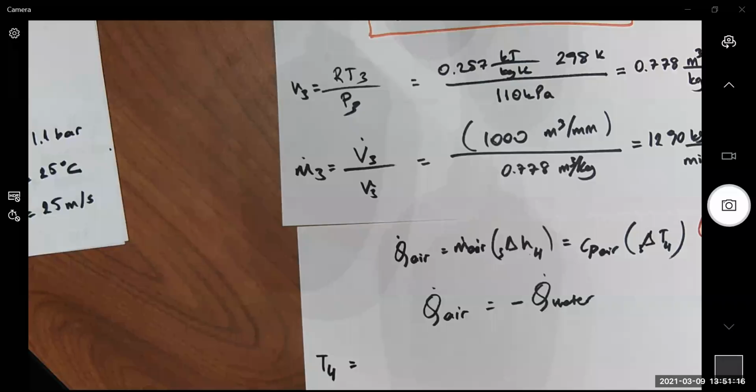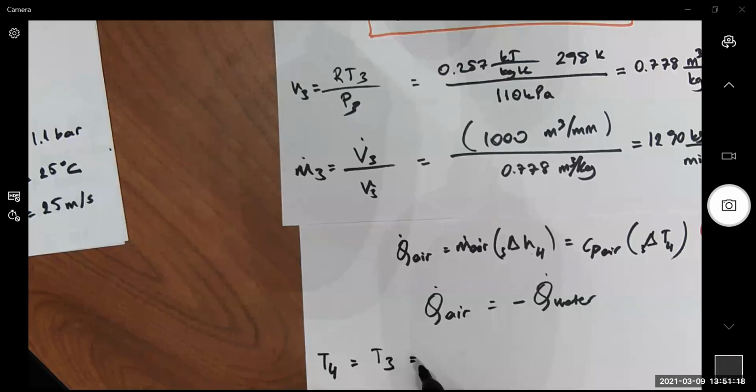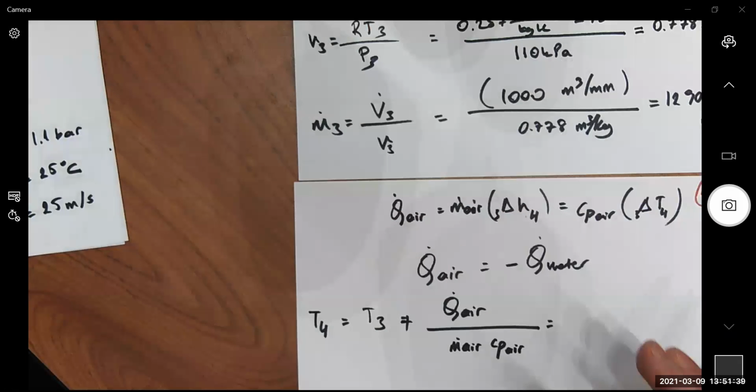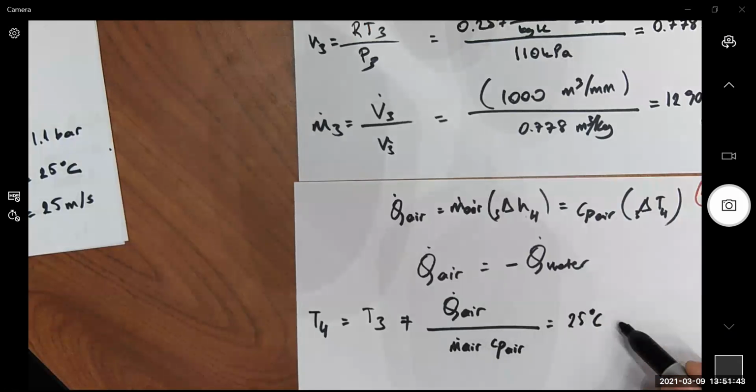T4. I know my T3, but I don't know my T4. T4 will be T3 plus Q air divided by mass flow rate of air times Cp air. T3 is given, 25 Celsius.